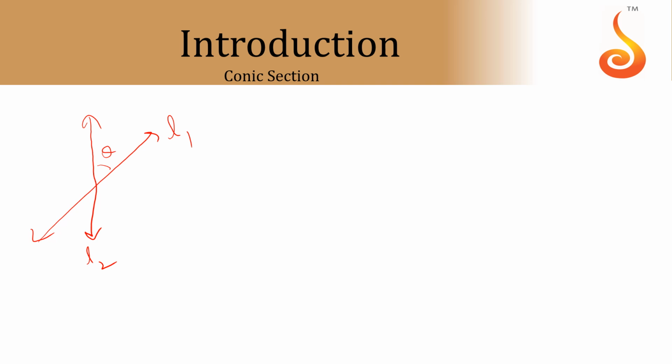Then about L2, if you rotate L1 so that the angle between L1 and L2 is always the same, then if you rotate like this, you will get two cones.